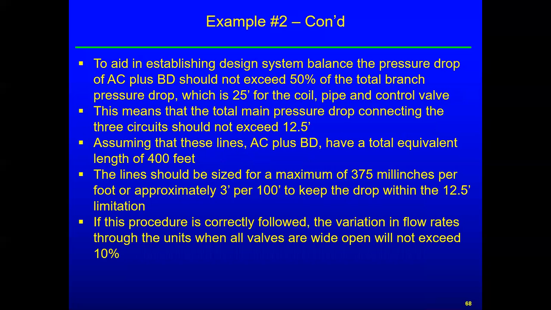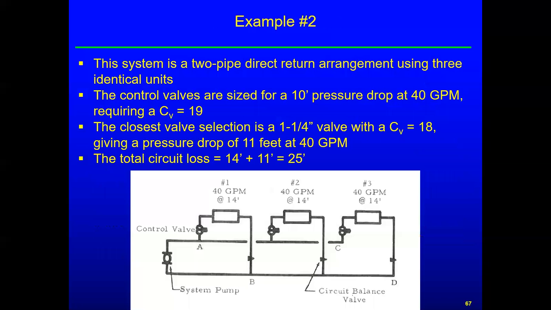Okay, now some other stuff here on being able to balance this entire system. To aid in establishing design system balance, the pressure drop of AC plus BD. Now, AC plus BD is the distribution piping that affects all of these circuits.